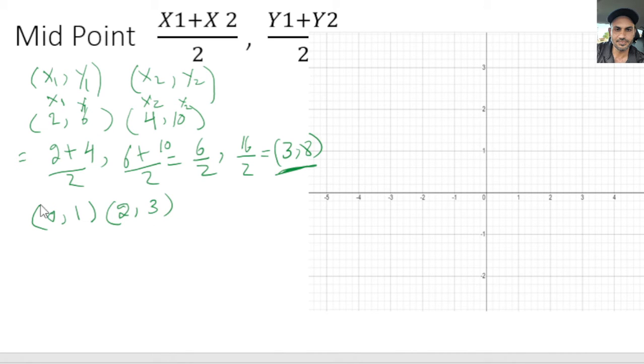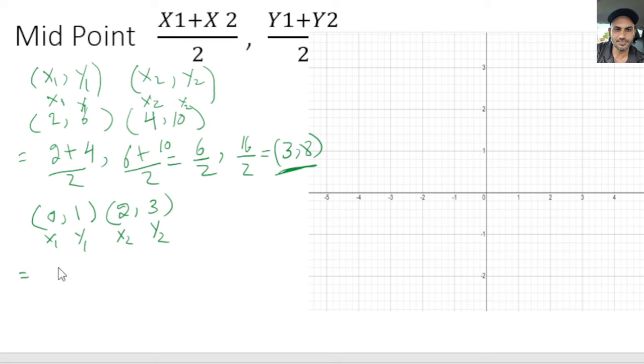The smaller value of the x is going to be x1, and this is going to be the y1 then. The larger value is going to be x2, and this is going to be y2 right here. Now we're going to use the midpoint formula.